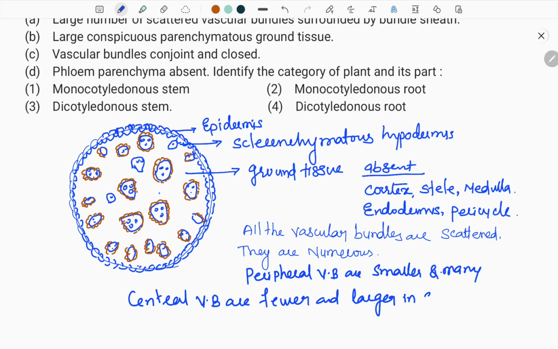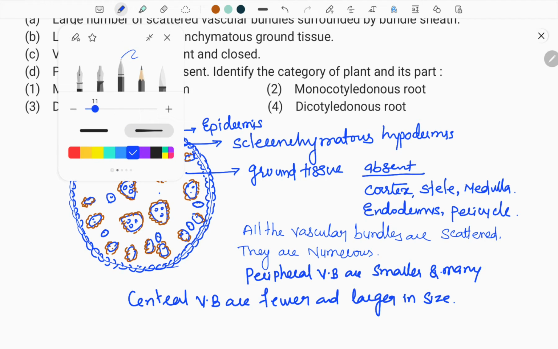So this you should remember. Peripheral vascular bundles are many in number, whereas the central vascular bundles are few in number but larger in size. That is the difference you should remember here.